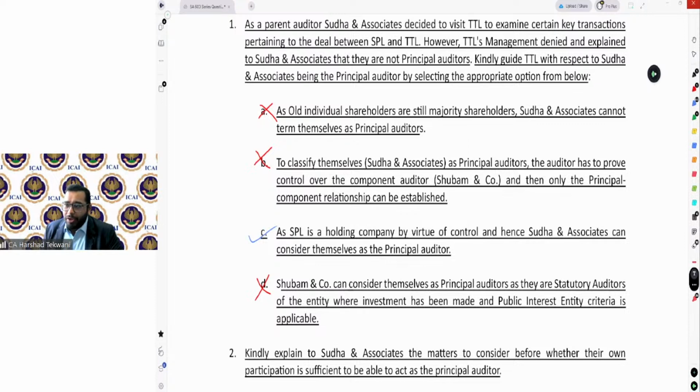So before accepting those additional responsibilities, you need to consider whether you can discharge those additional responsibilities. And for that, what are the things you will consider?